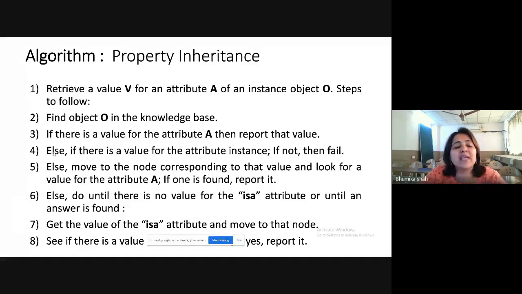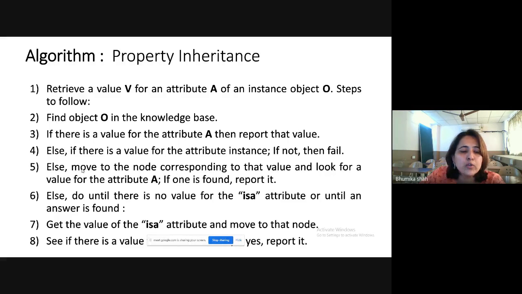What does step number 4 say? Else, if there is a value for attribute instance, check, do you have any instance relationship available? If not, then fail, which means you cannot get any value. But if yes, go to step number 5.